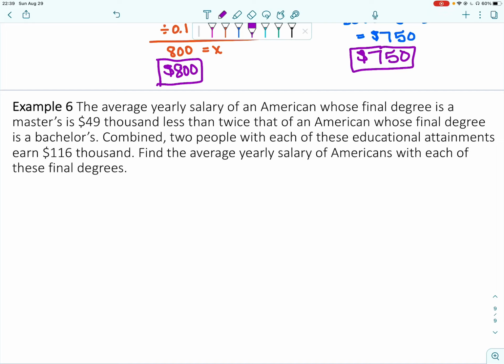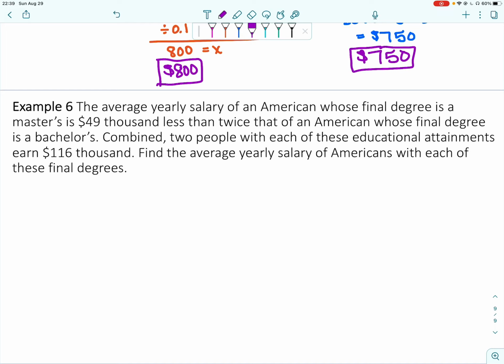This would be the type of problem that I would say you would expect to see more as a bonus question. I would not expect you to see something quite this hard as a normal question on an assignment. But it is still good to know how to do something like this.